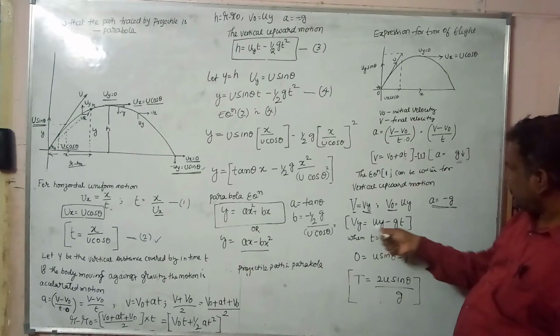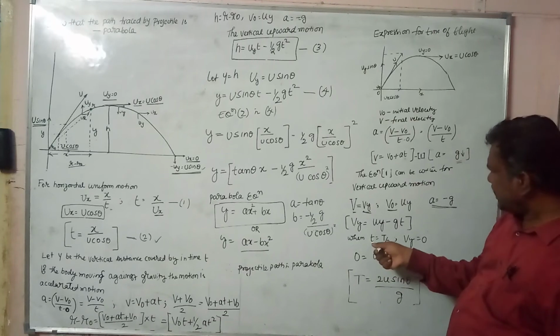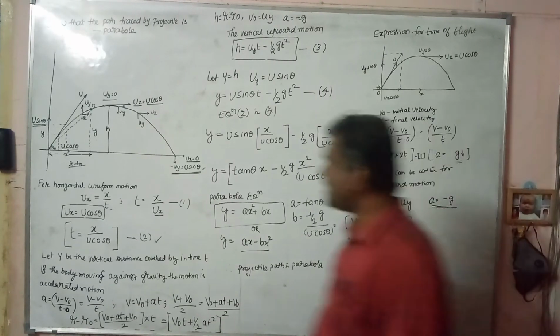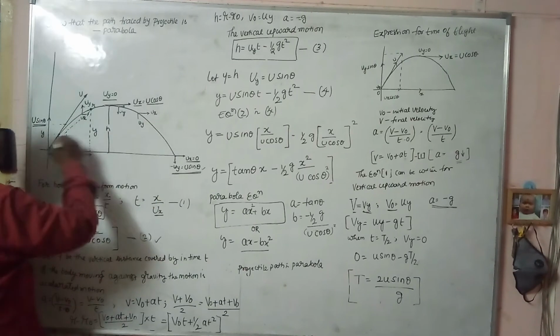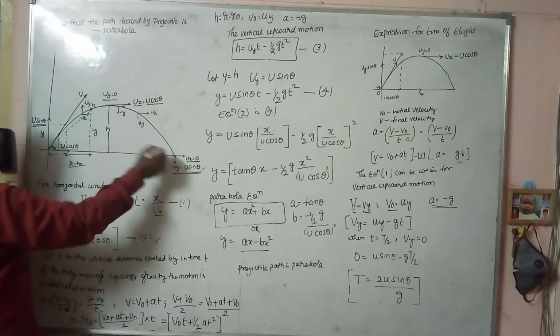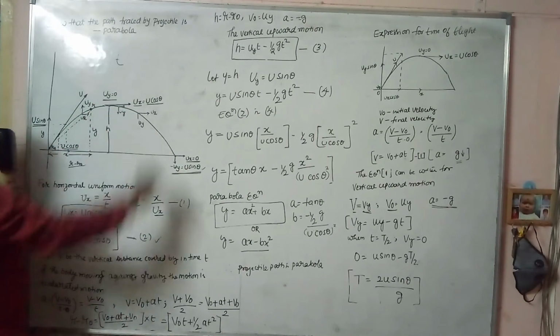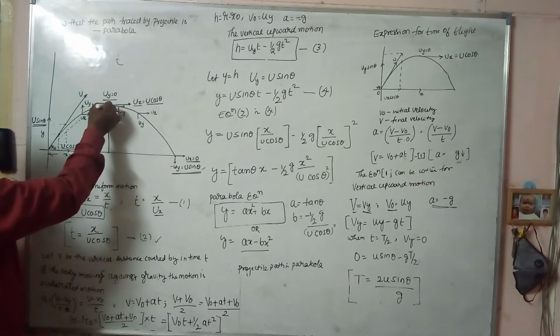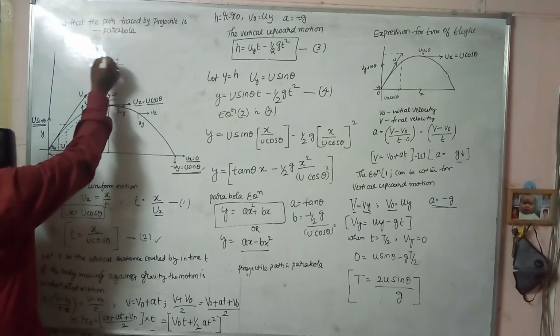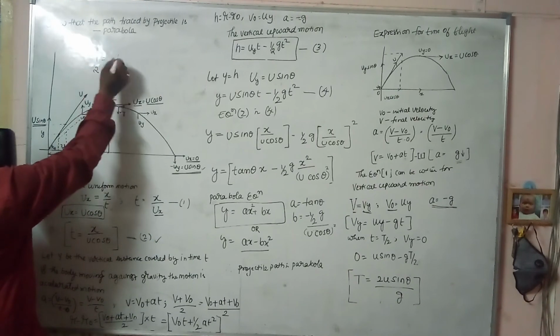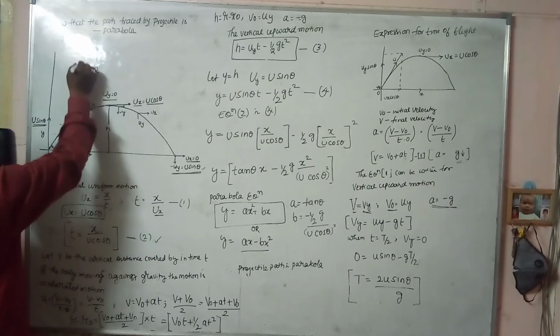So when the time of travel of the particle from here to here is T, at half of the stretch, when it is at maximum, I can take t is equal to T by 2.